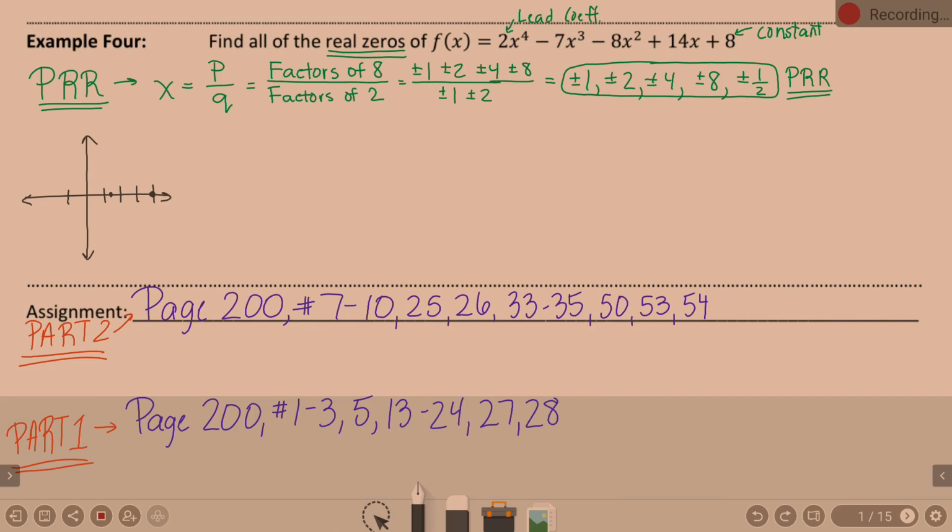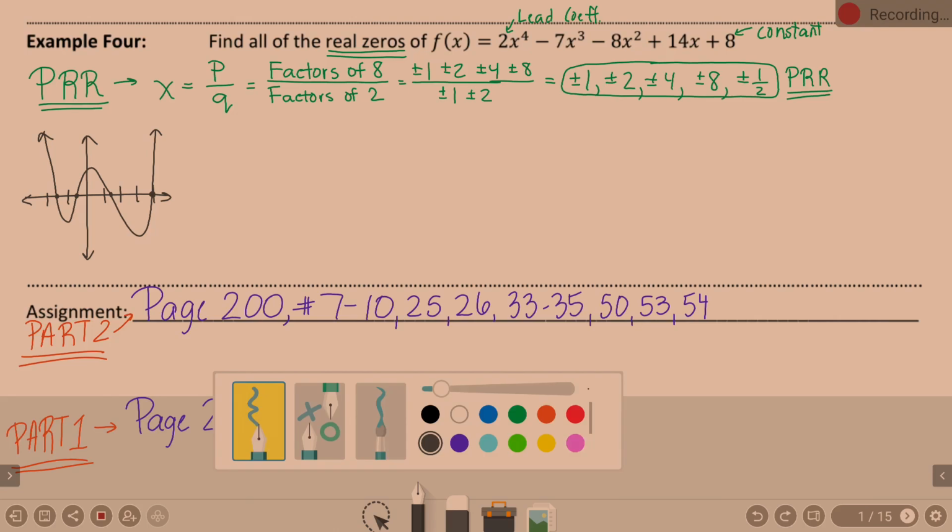Something between 0 and -1. And something between -1 and -2. That's all I want you ballparking. I forgot the irrational ones that went on both sides. So, that's just the gist of it. That gives us the idea.